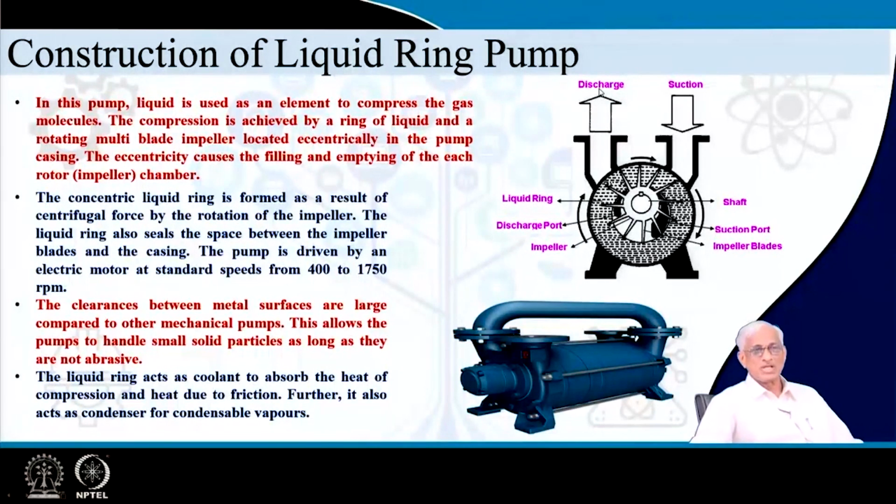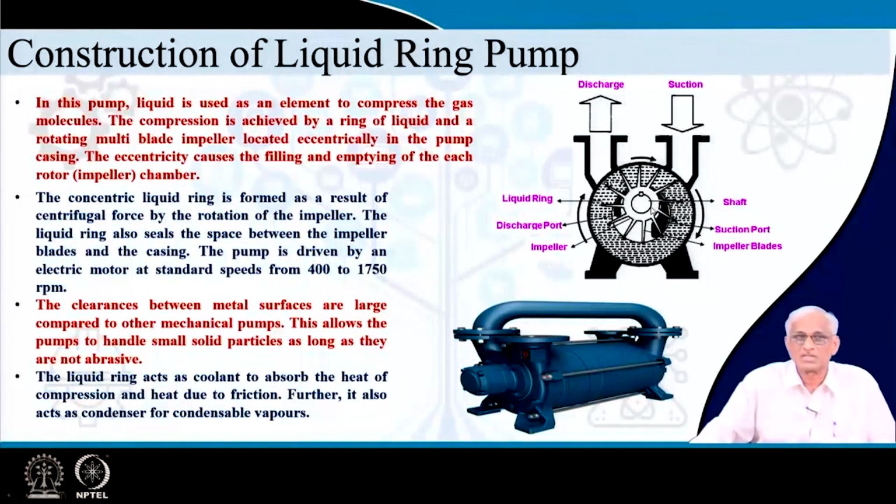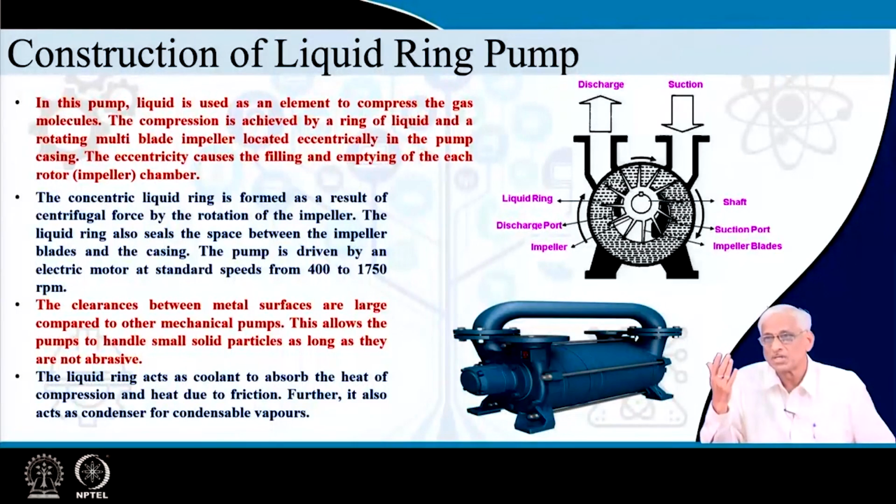Exhaust is usually to atmosphere, or if you want to use 2 stages, suction of another water ring pump. And suction is connected to the load. If you want to maintain a constant pressure against load, that is one process, or else you just want to evacuate to a good vacuum level, that is another application. But most of the time this is used in process applications to handle huge loads to maintain fairly good vacuum.